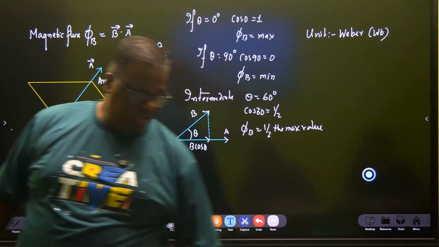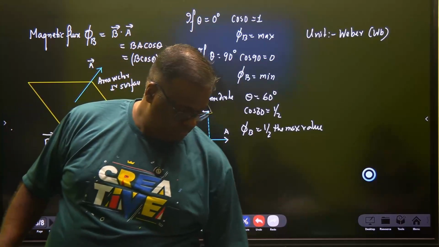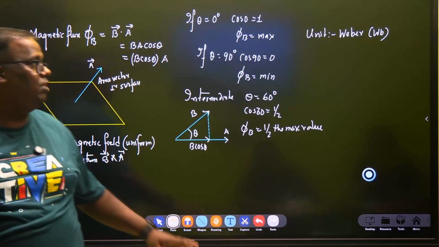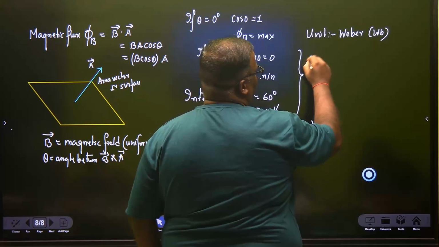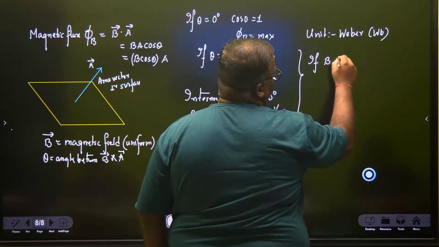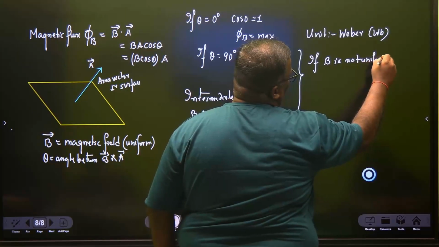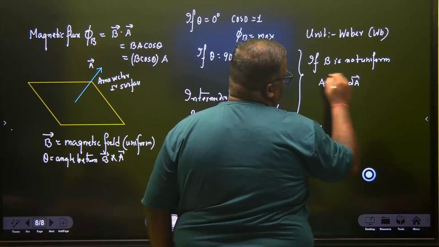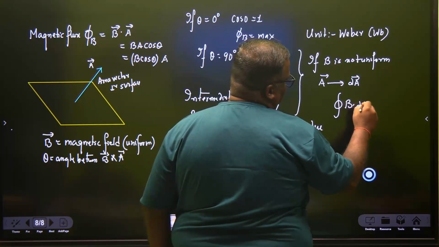That is all in terms of magnetic flux. And if B is not uniform, this is just for your understanding, I'm writing here, if B is not uniform, then A will be split into many small dAs, and you have to do the integral of B dot dA.